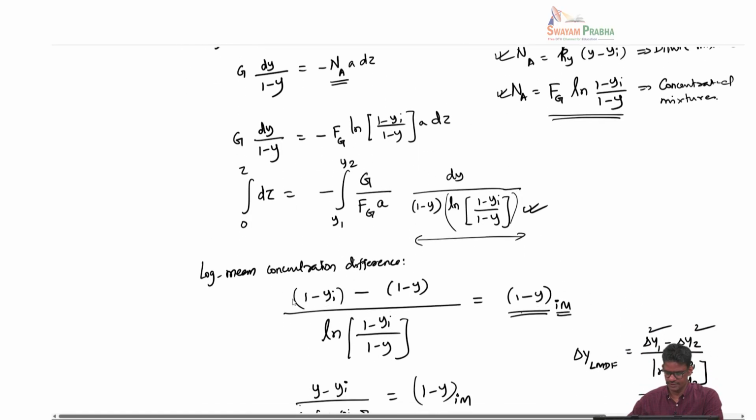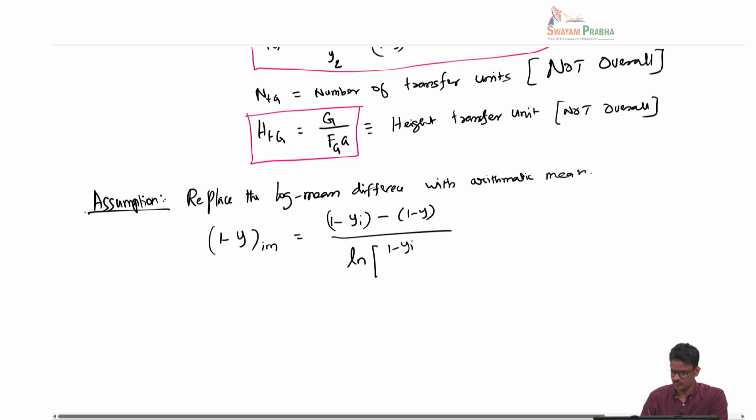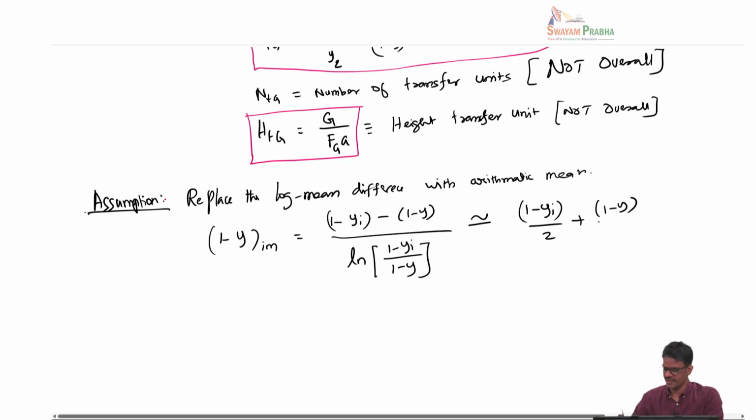Okay, this is our definition: (1 minus yI) minus (1 minus y) over ln of (1 minus yI) by (1 minus y). Okay, this is the definition. This is something we are going to approximate to (1 minus yI) by 2 plus (1 minus y) by 2. This is the arithmetic mean.